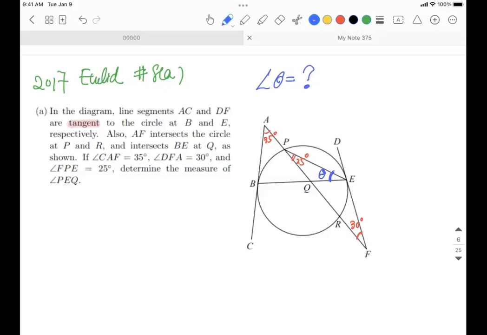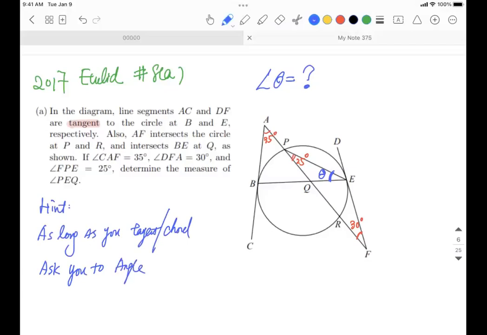I can give you a hint. As long as you see a tangent and a chord, and then the question asks you to calculate an angle, normally you have to use the tangent chord theorem.